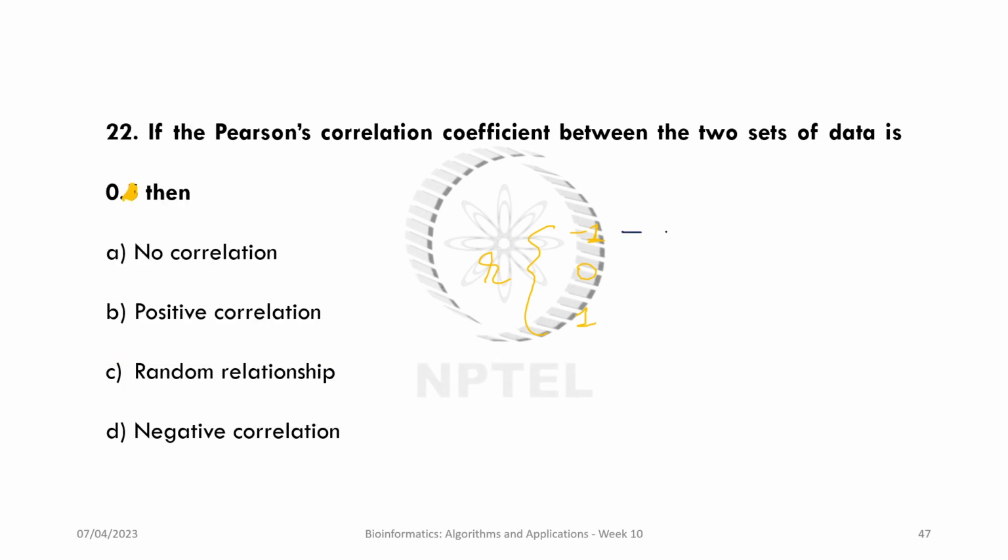Okay, -1 is for negative correlation. This is no correlation, and this will be positive correlation. Don't mind there's a change in the question. Answer for 0 is no correlation.